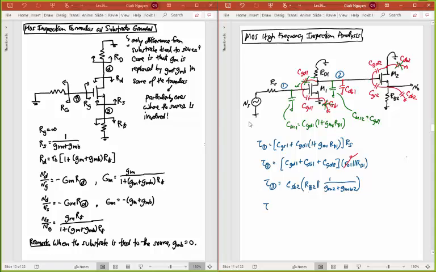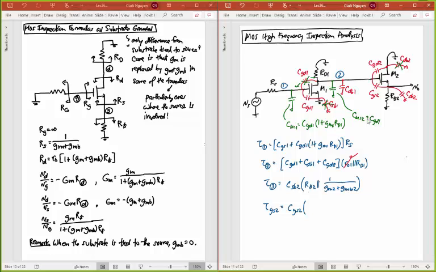Finally, I've got this last time constant that has to do with the CGS2. And that's something where I just have to have that equation memorized here. It's going to be the two resistors, this one and that one. I said B, that should be S. Sorry. It looked like a B to me when I looked at it.